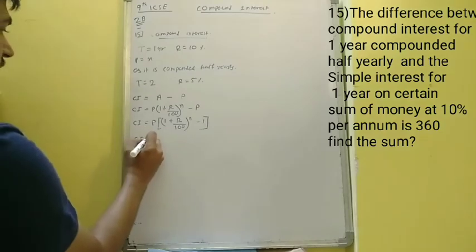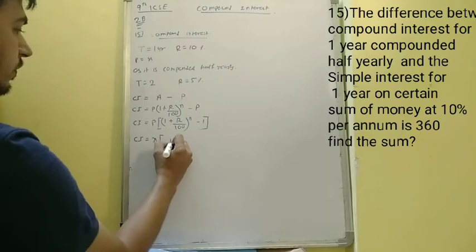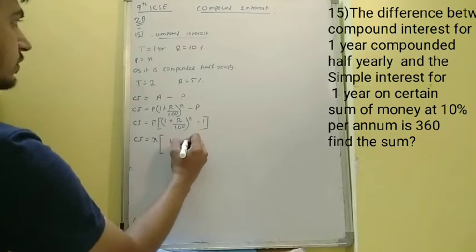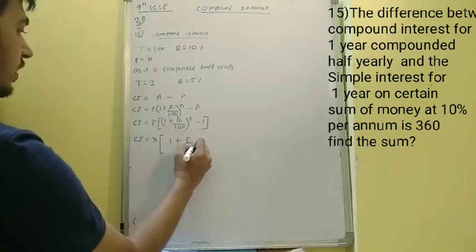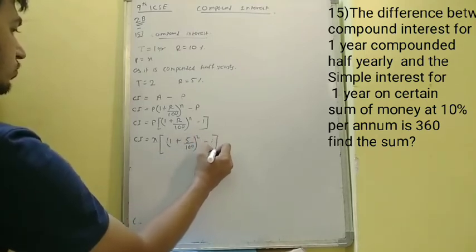The compound interest is equal to x, what is P, it is x, 1 plus, what is the rate, it is 5 upon 100 raised to 2 minus 1.